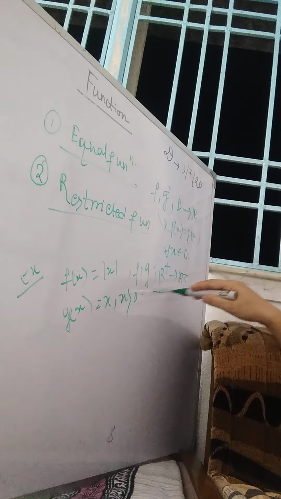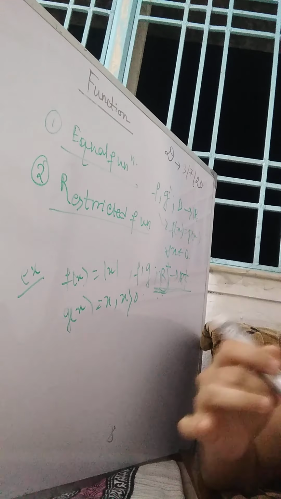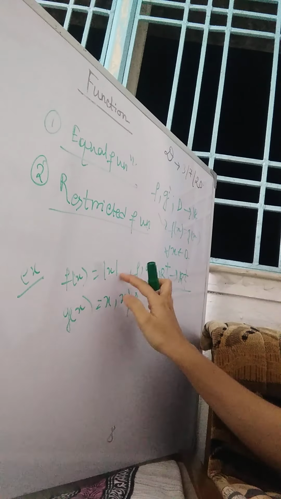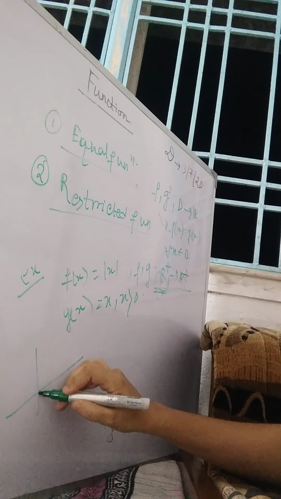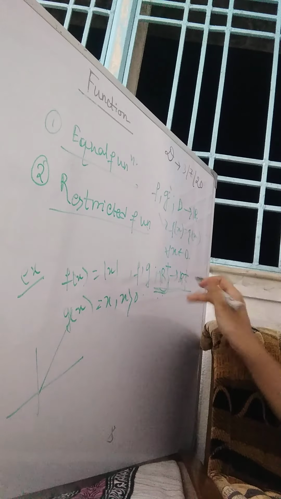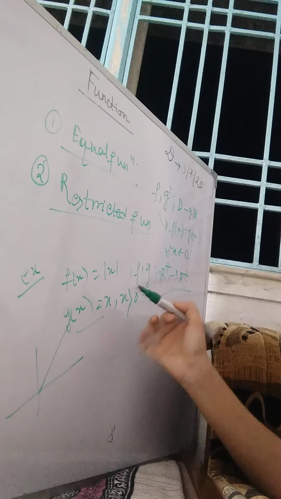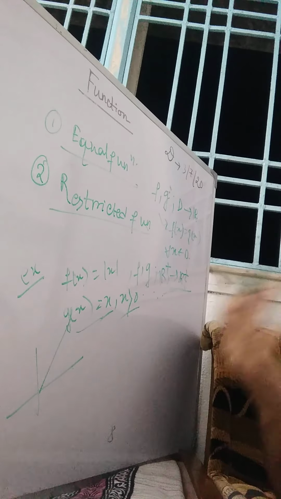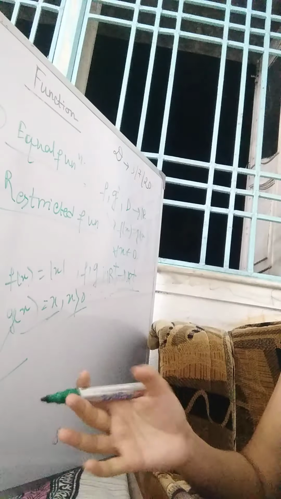Therefore, mod of x is also a positive value for x greater than 0, and g is also x where x is greater than 0. Both domains are the same and both functions are the same. These are examples of equal functions.